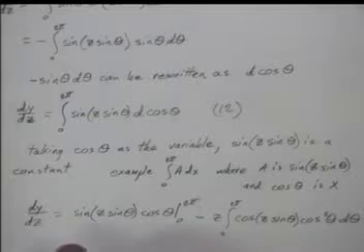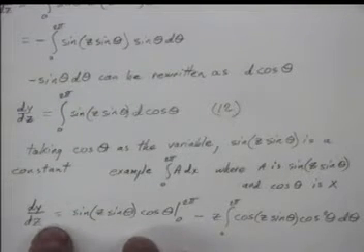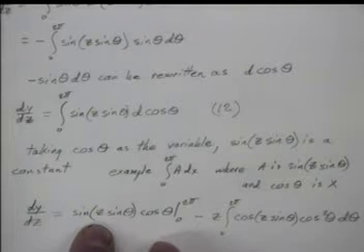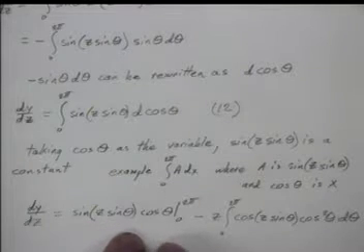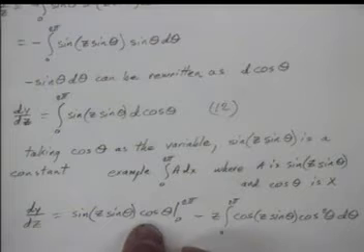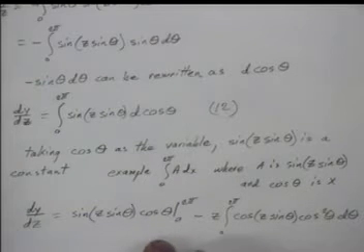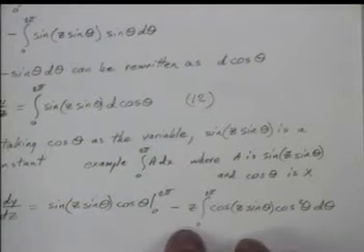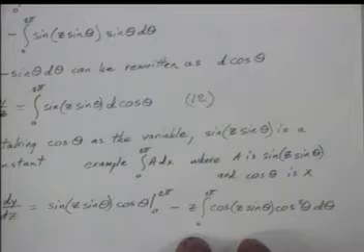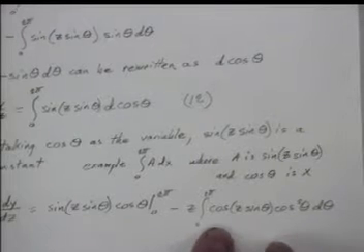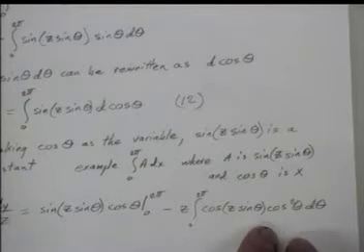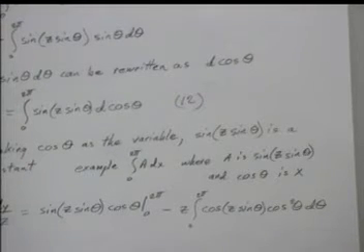So when we take the integral of it, we get sine of z sine theta, which was constant, times the cosine of theta evaluated from 0 to 2 pi, minus this term, z from 0 to 2 pi times cosine of z sine theta, cosine squared theta d theta.